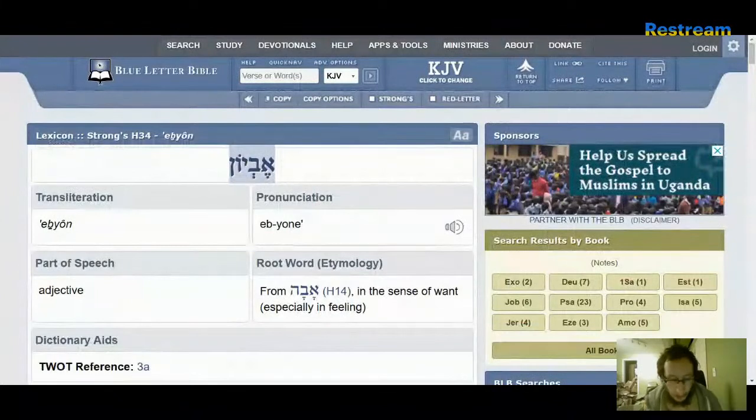I'm going to take a look at the Wiktionary, see if we got anything. It just says it's from root abba, which we already covered, cognate with Ugaritic abion. So it means the same thing in Ugaritic. But it doesn't show anything for Akkadian here.